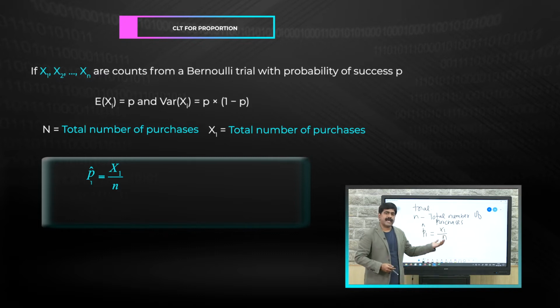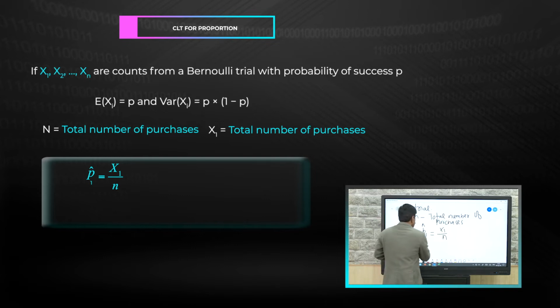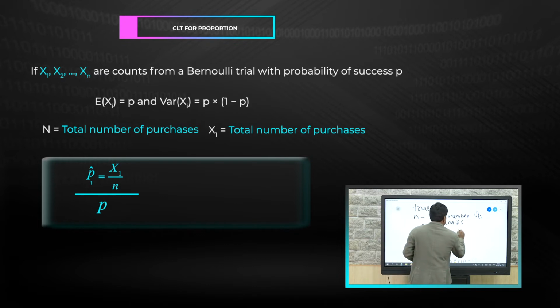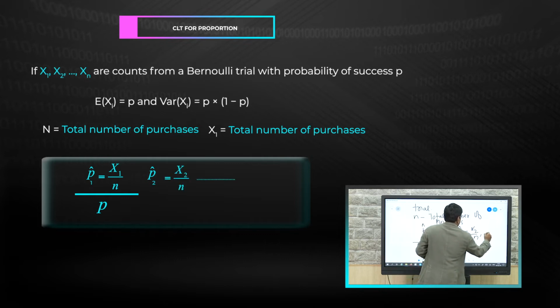Like this, we can calculate for all the remaining samples. We are going to assume that in the population, the proportion is P. We are forming a sampling distribution. From the first sample, the estimated value is P1 hat, and from the second sample, the estimated value will be P2 hat, which is x2 divided by n, and up to Pn hat, which will be xn divided by n.